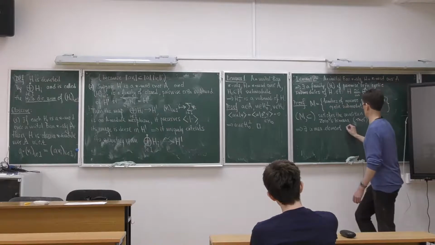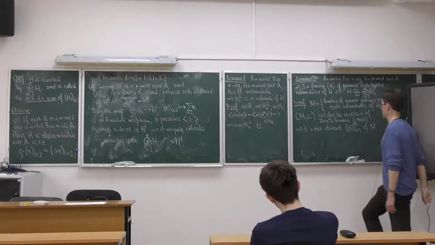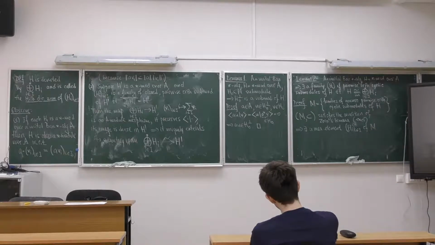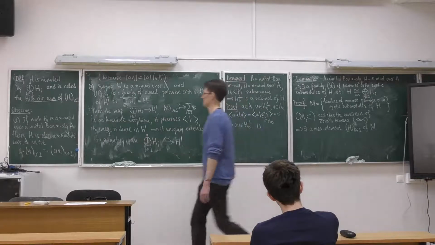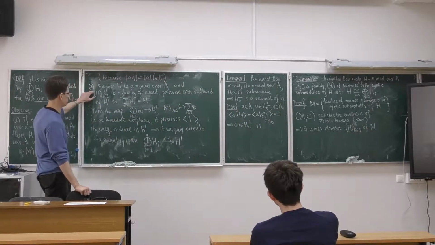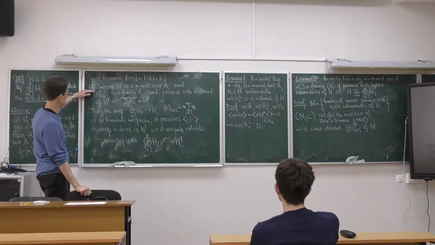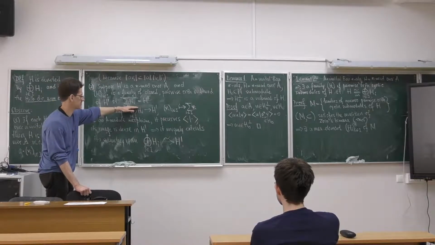Let's denote this family by Hi, an element of M. And I claim that this is exactly the family we are looking for. To construct such an isomorphism, let's come back to this observation. So we are exactly in the same setting as here, so we have a family of closed pairwise orthogonal submodules of H. The only thing we have to show is this density condition.